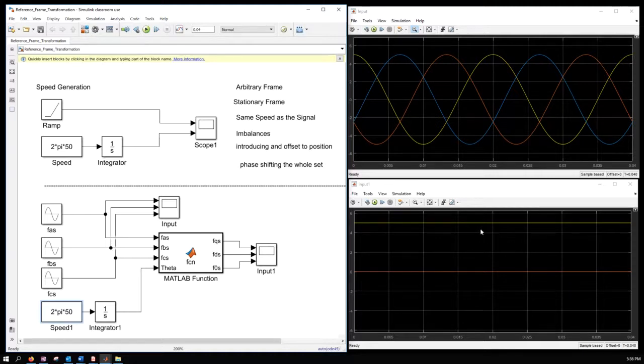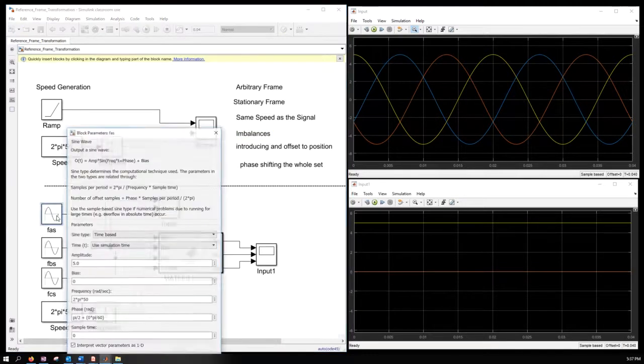So it looks perfect, it looks very nice and dandy, but what will happen if the balance condition is not valid? That means we have imbalanced signals. Okay, we are still in our right reference frame. Let's introduce an imbalance condition. I'm going to make VAS a little larger in amplitude than the other two signals.